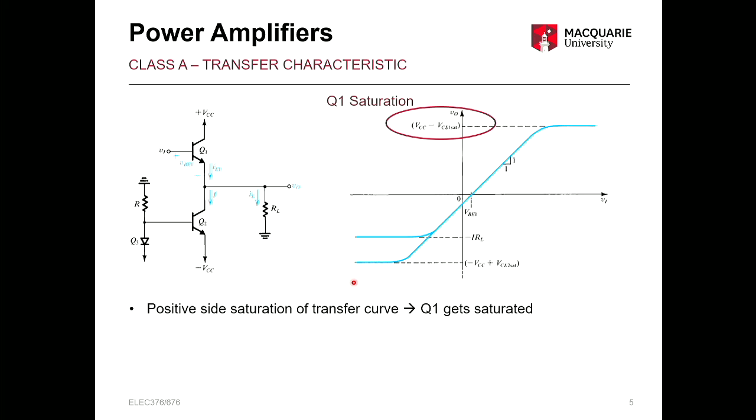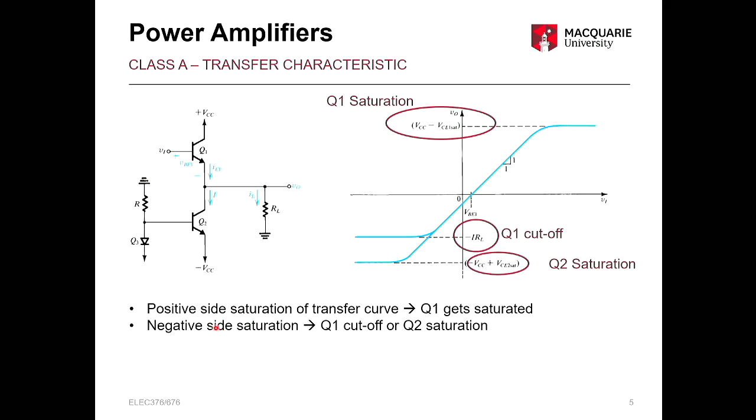The key things to note on your transfer characteristic is of course your saturation, so your maximum output is going to be limited by your power supply minus your VCE saturation voltage, because of course we want to keep these in the active region to amplify correctly. And your negative side can be limited by either the Q2 saturation or the Q1 cutoff.